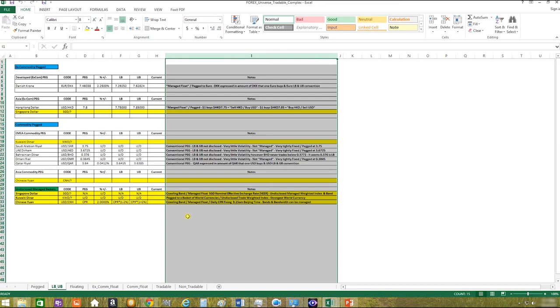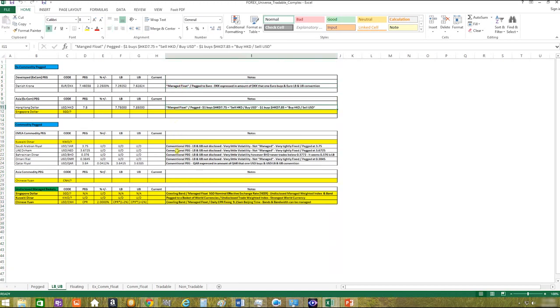So in your own time, please learn about these and go through all of the qualitative statements here in column I and learn about these pegs and what they actually mean.